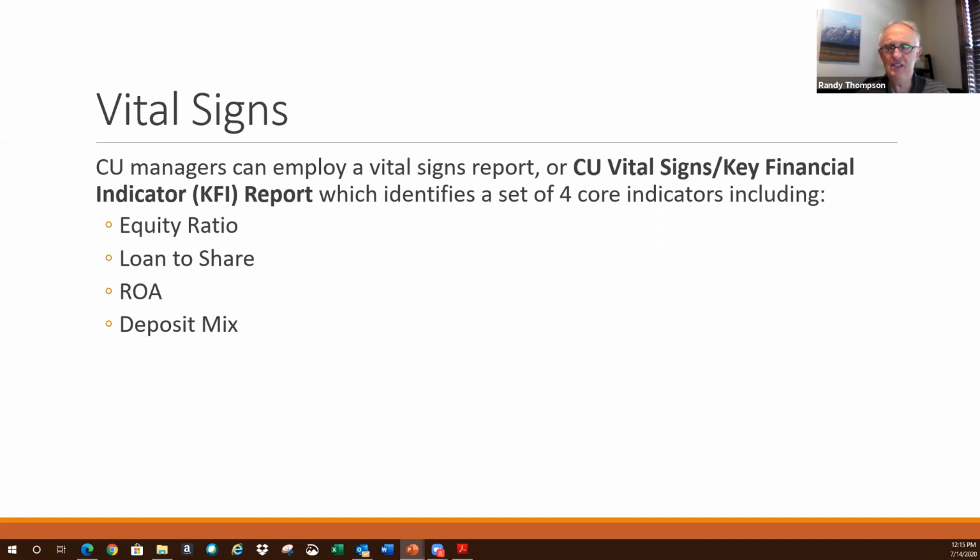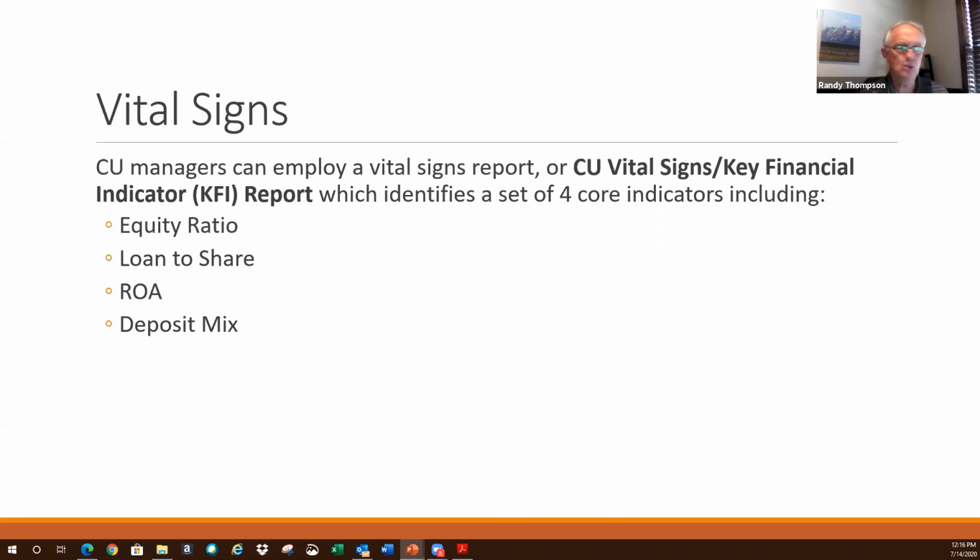Correlation is a different thing: two things happening at the same time, but not necessarily connected to each other. A regression says this actually causes the other thing to happen. And what we're looking for is what causes a credit union to be healthy. And what we found is that there are 4 key variables with 13 supporting ones.